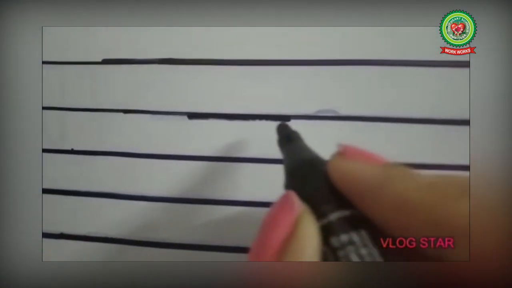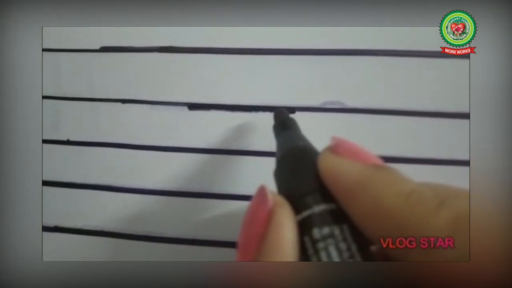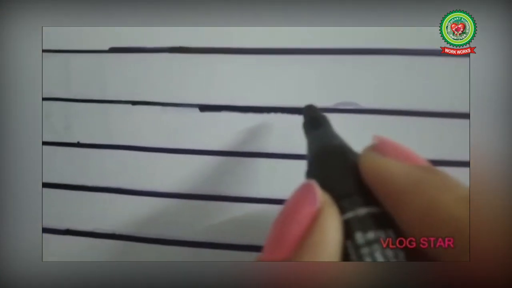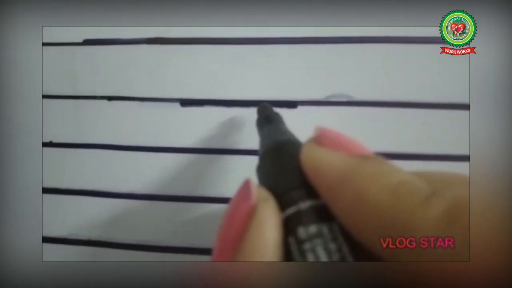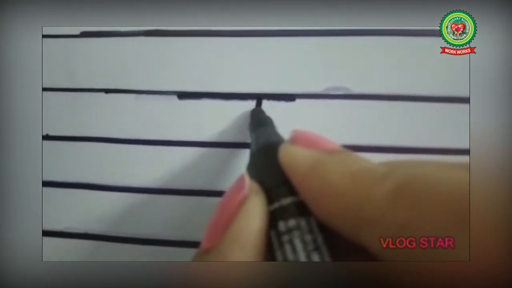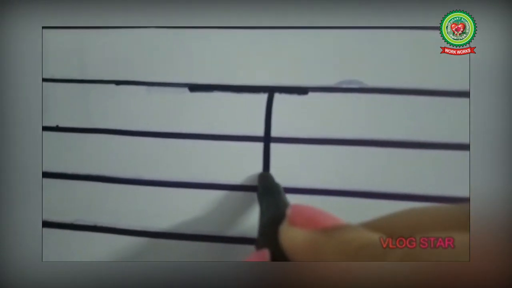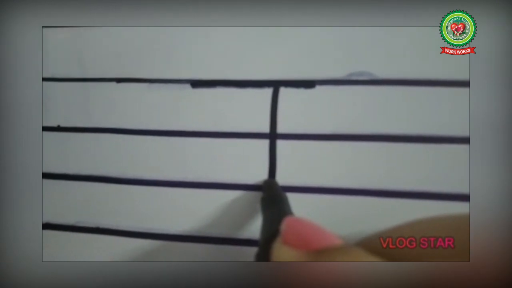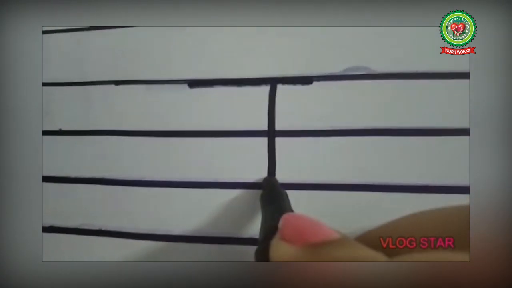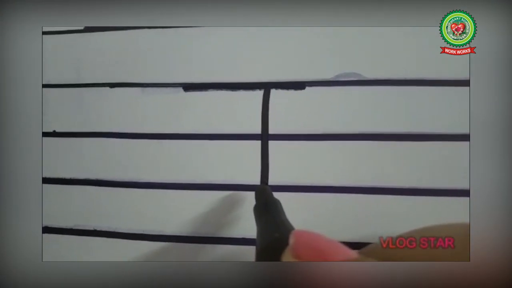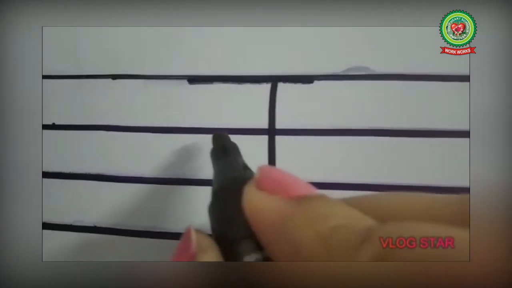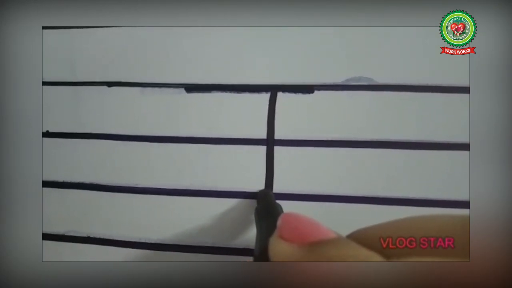Then from here, I will leave some gap and then I will start drawing a standing line like this. And from the end of this standing line, I will draw a slanting line in an upward direction like this.